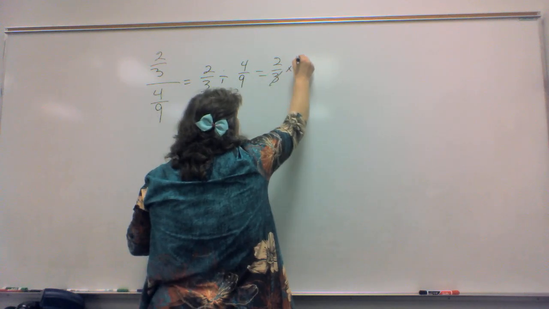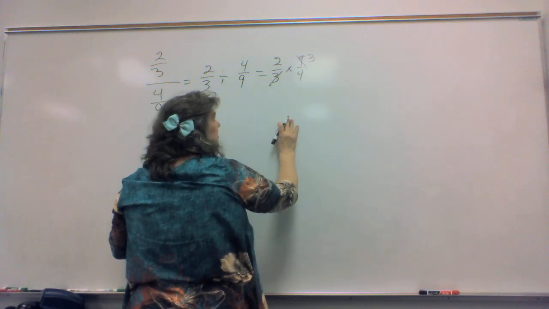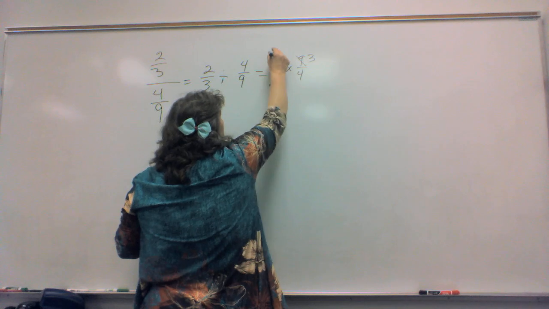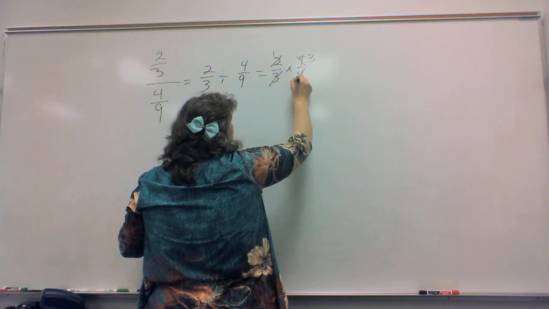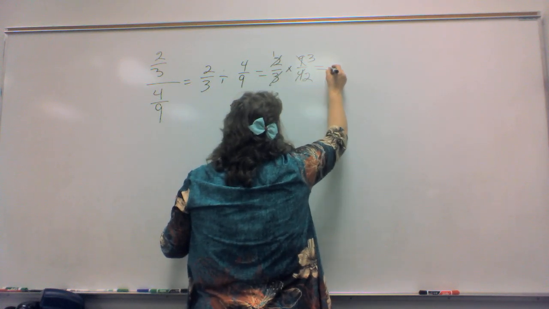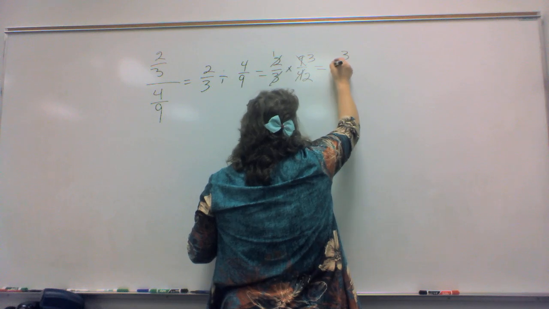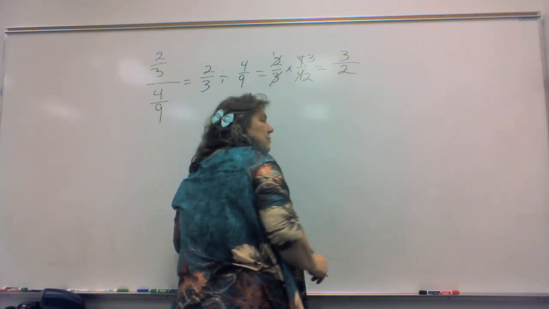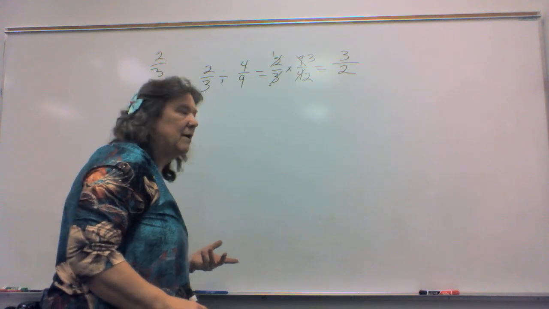Look for those common factors. 9 divided by 3 is 3. 4 divided by 2 is 2, and that gives me 3 times 1 is 3, and 2 times 1 is 2. So it simplifies to 3/2.